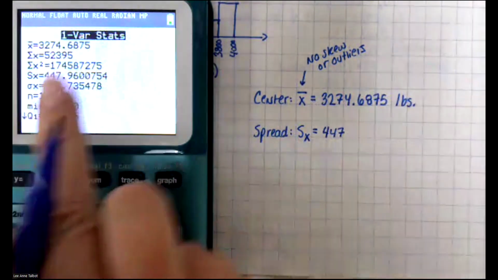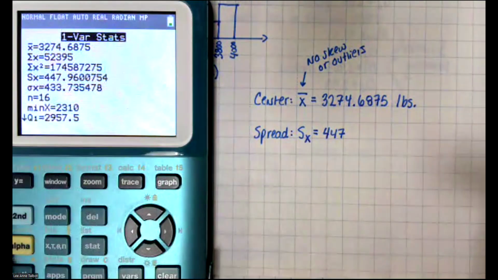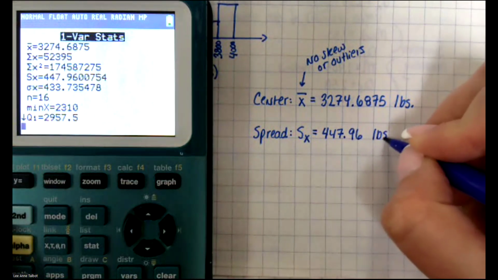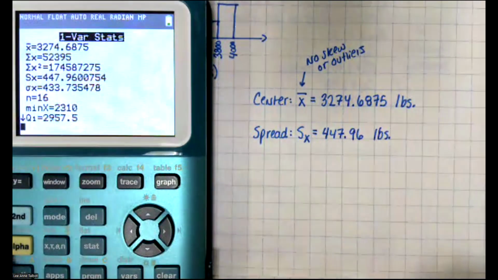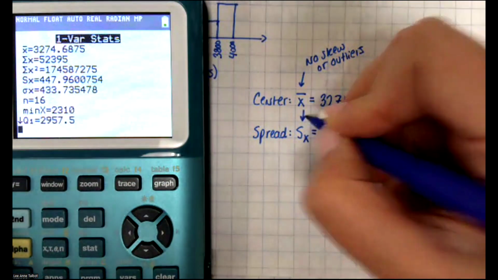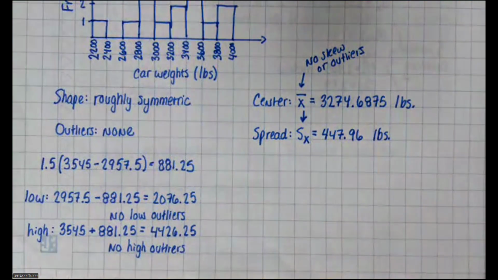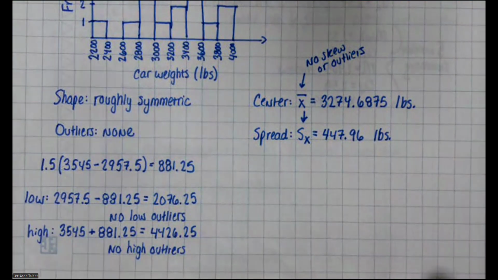And I'm just getting this number straight off the calculator instead of calculating it by hand like I did in the last video. And these two go together. X bar and S of X go together. Okay, so now I have my description.